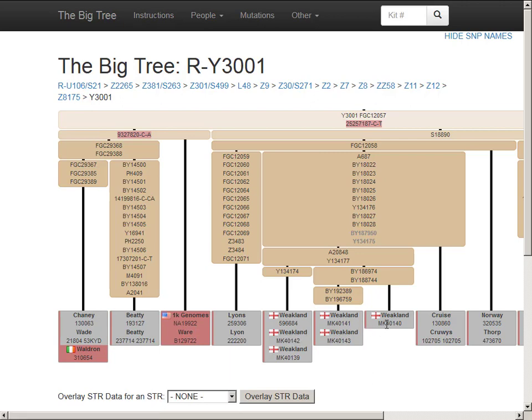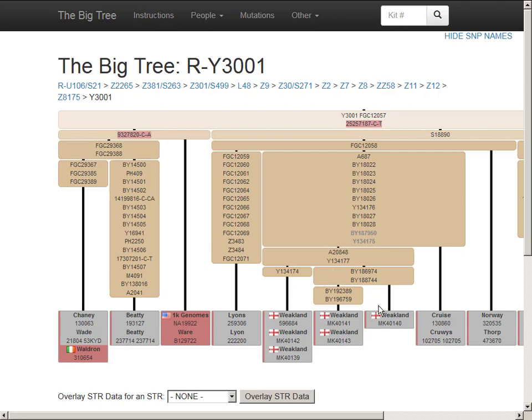They all match with each other to a certain extent because they all have these two mutations, 820848 and Y134177, in common. But these three have a mutation that the other three don't have, 134174. So the first man who had that mutation almost certainly had the Weakland surname already. So that is a surname-specific SNP mutation.